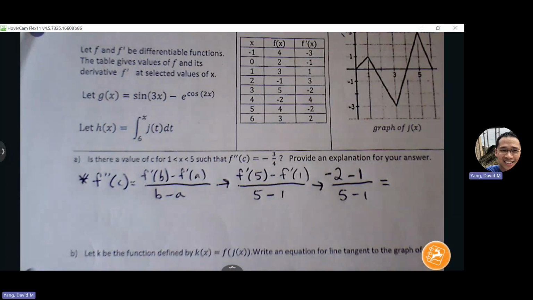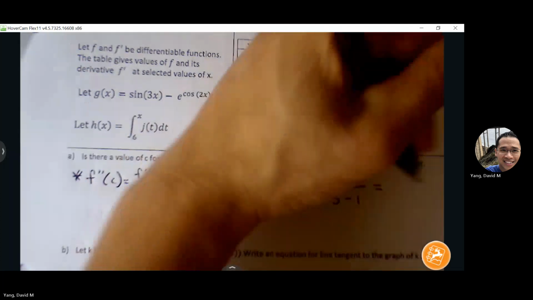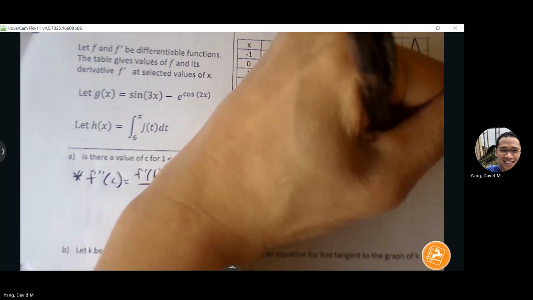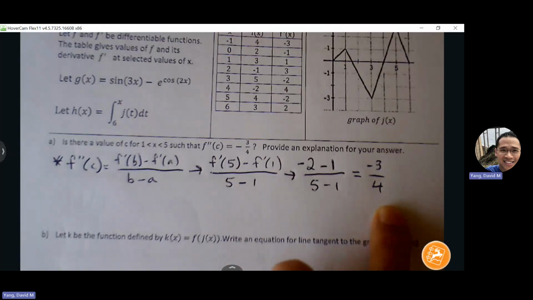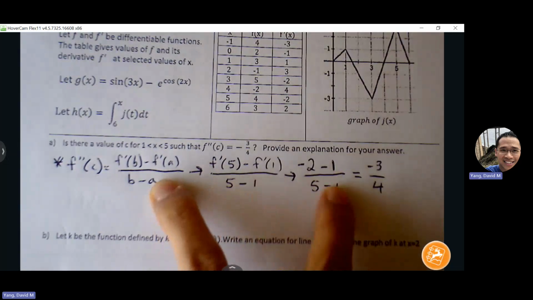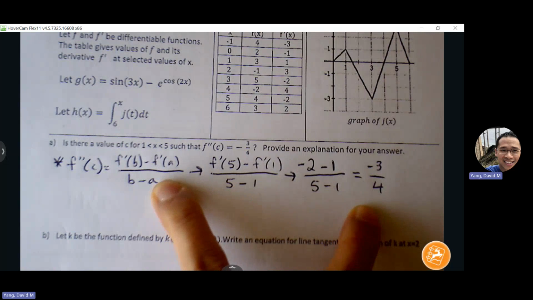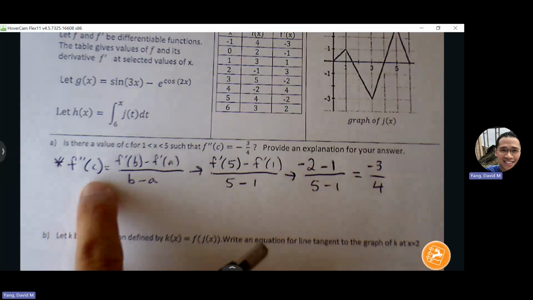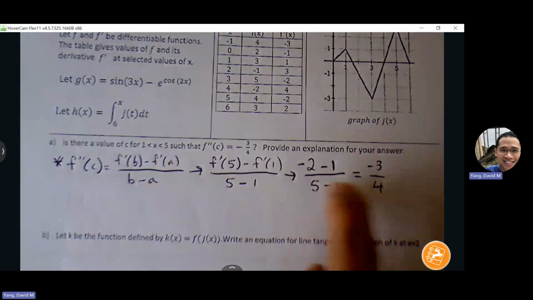What is that equal to? So -3 over what? 4. Yeah. So we can guarantee it, right? The slope between the endpoints at the f prime level is equal to -3/4. So we know that there must be a slope that's going to be exactly -3/4.